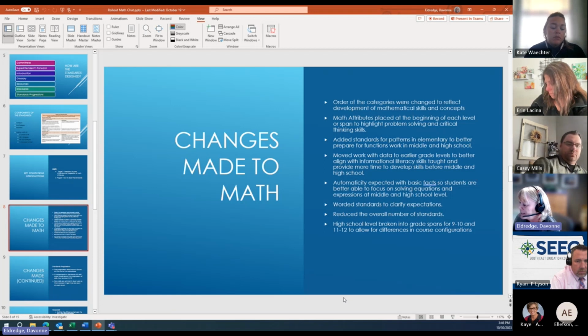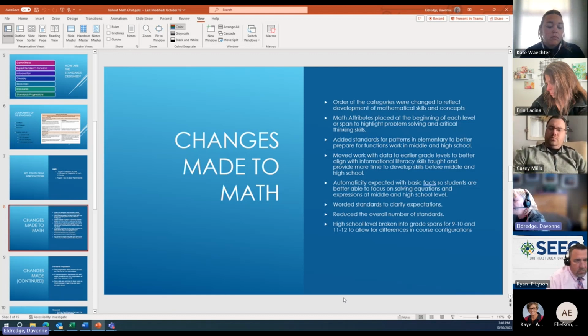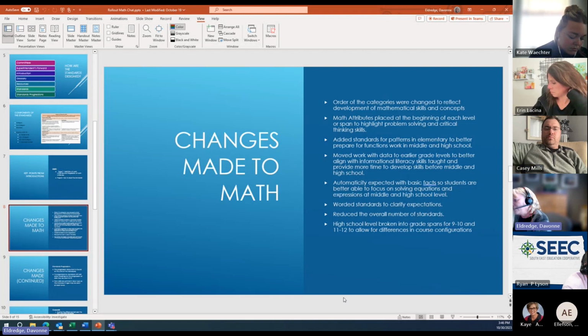And so putting the standards in the grade spans allowed us to make allowance for those differences. And it also allows the schools to determine how they're going to set up their math courses. The other aspect that we looked at was that by having the 9-10, we can clearly identify which of those standards are going to be covered on the state assessment, which was not always the case when it was a 9 through 12.